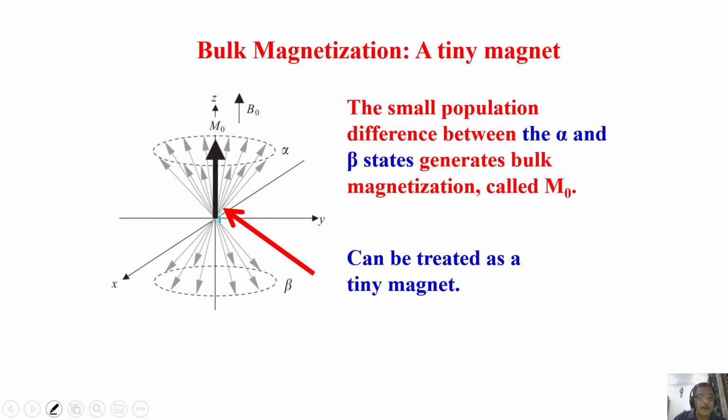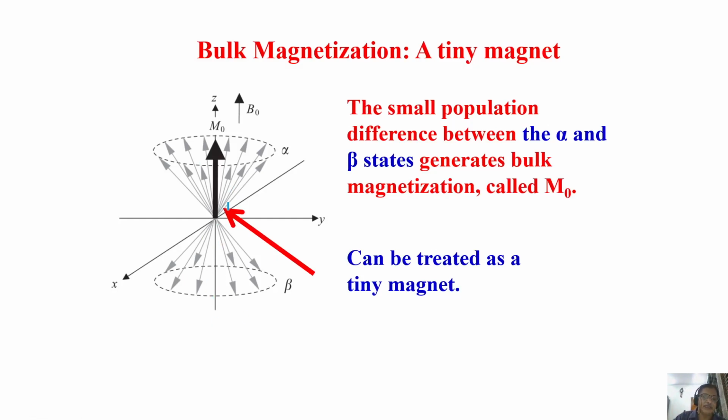Finally, what we are left with is the vector addition of all the magnetic moments oriented in the direction of the field, and the vector addition of all the magnetic moments oriented in the direction opposite to that of the magnetic field.